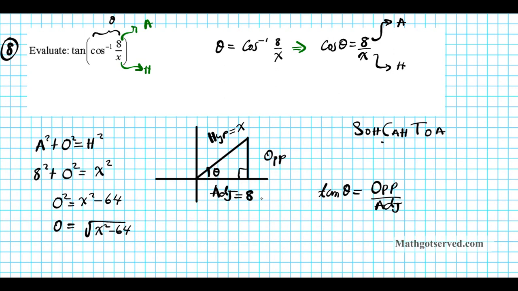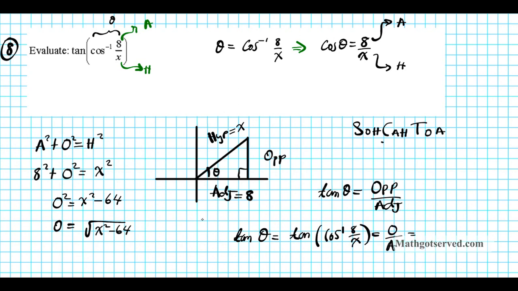Okay, so let's go ahead and put everything together. So tan theta, which is equal to, we remember what we called theta, right? Theta is this expression right here, which is tan of the inverse cosine of 8 over x. That is equal to opposite over adjacent.